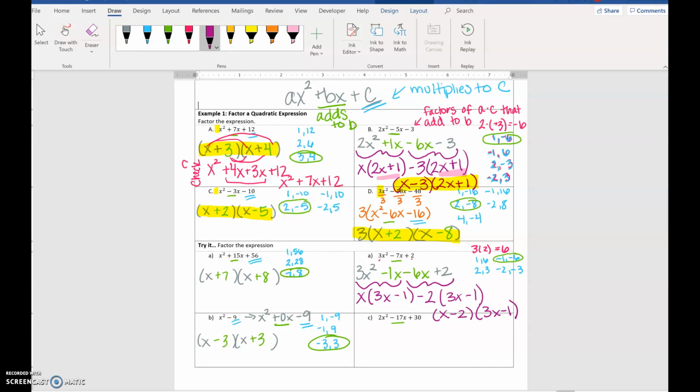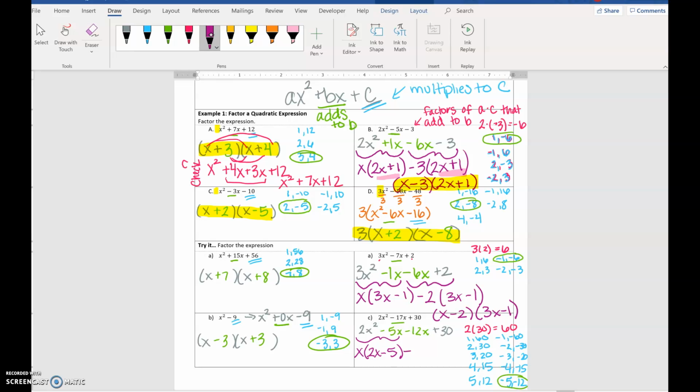Go ahead and do the same thing that we just did with that last one. So here's the multiples, and we want it to add to negative 17. So that's going to be this one right here. Now rewrite it with those. Okay, and then factor by grouping. So we only have an x in common here, so that's going to be 2x minus 5.